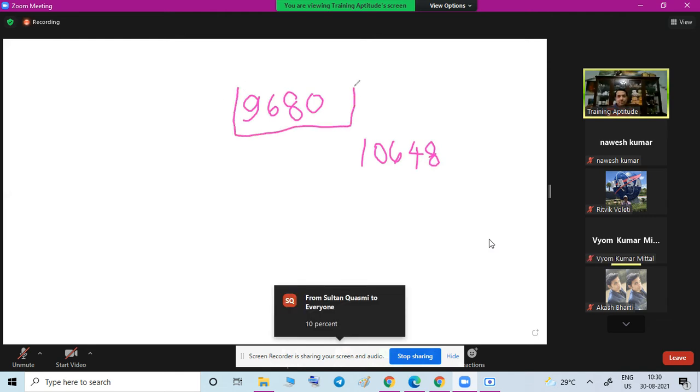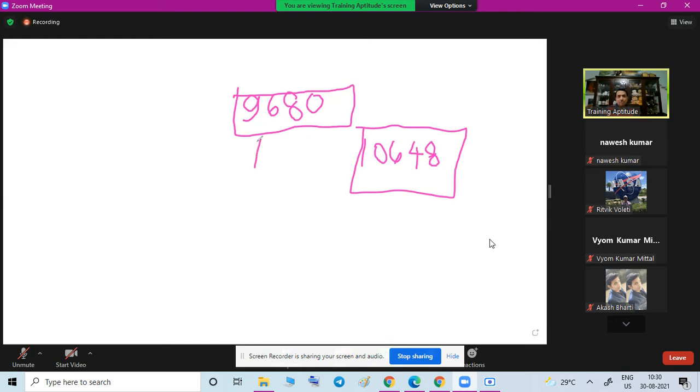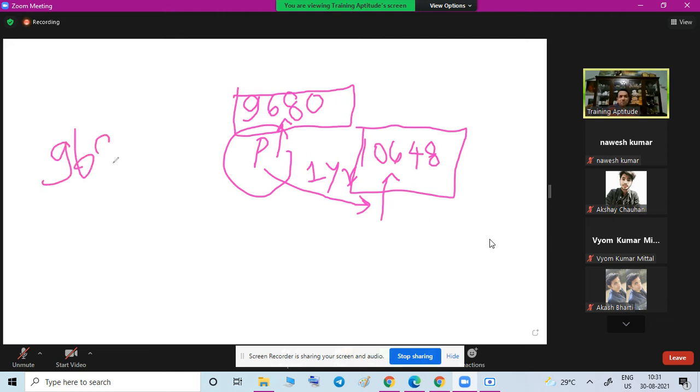After 2 years, this is my amount, and this is after 3 years. So what I do is convert it into a simple interest question. This is my principal at the beginning of the third year, and this is my amount after 3 years. In 1 year, there is no difference between simple interest and compound interest. This is my new principal. So what is the interest earned? 968 rupees earned on 9,680 is 10%. You could have done this already. No need to apply compound interest.